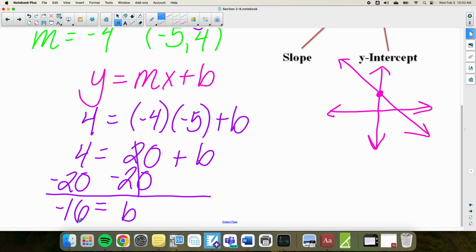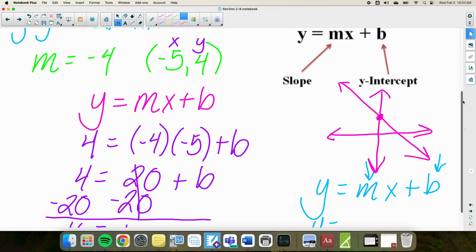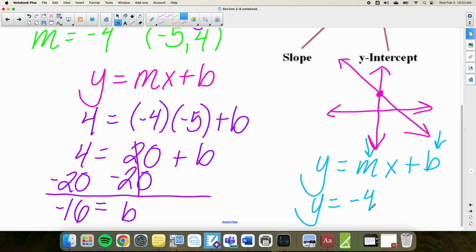Okay? Now, to write an equation of a line, this is important because a lot of kids get this mixed up. When you write y equals mx plus b, there's 2 things you substitute in for. You substitute in for m and you substitute in for b. So what we're gonna do is go y equals m is -4, x, and b is what we found right here.